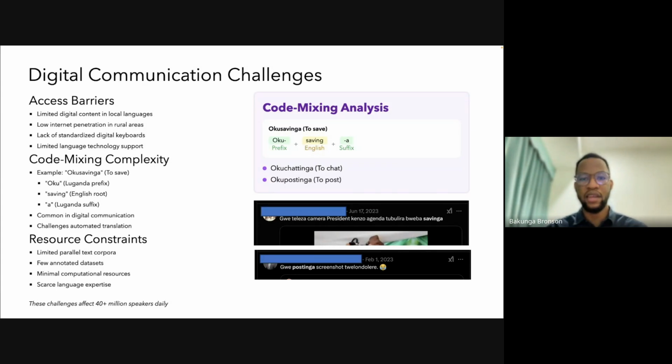And you can see that people will take a prefix. A prefix in Uganda might, for example, change the tense of a word, and also the suffix will also change the tense in this particular case. So we are adding the Luganda prefix and suffix to the English root word of saving, and we are creating basically a new word out of thin air.